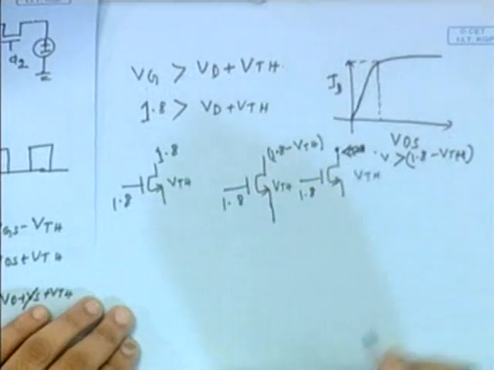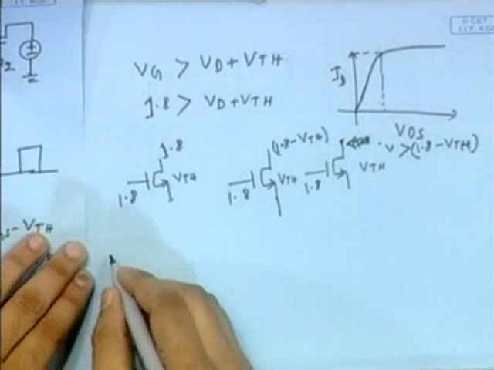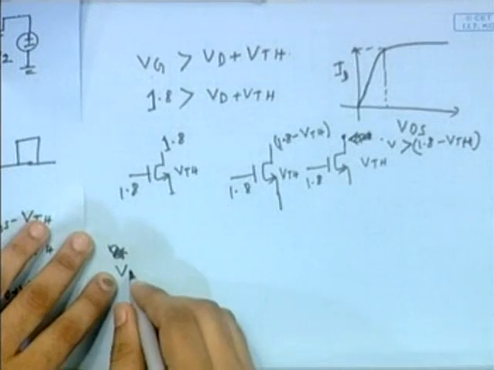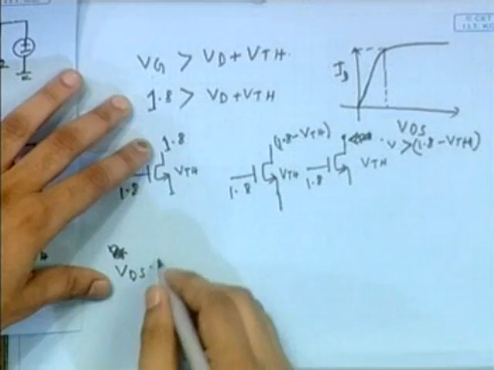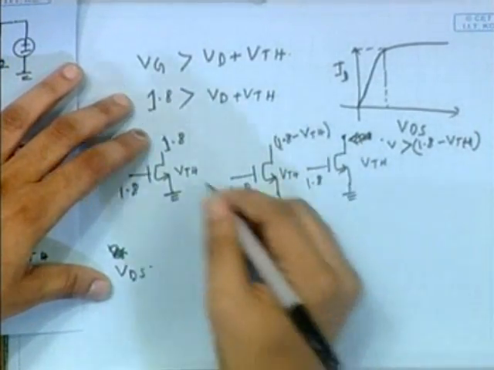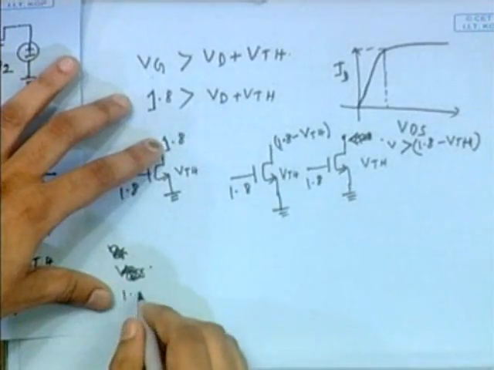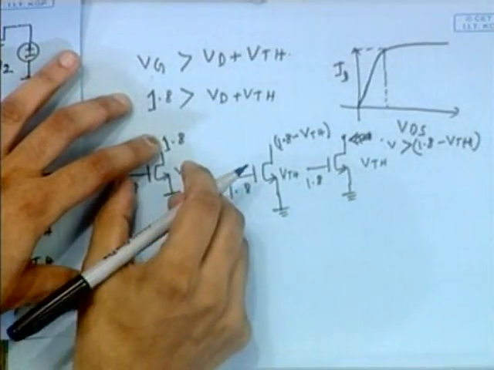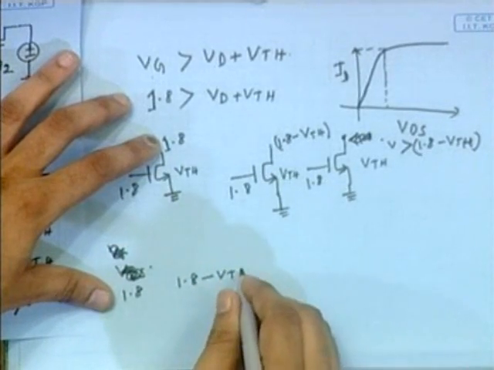For this case, suppose I have grounded this one. So Vds is equal to 1.8 volts, and Vgs is equal to 1.8 volts minus Vth.